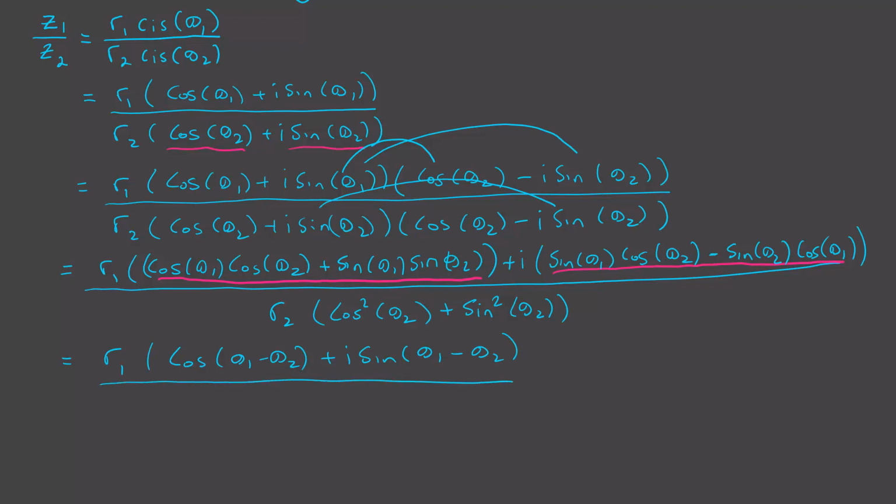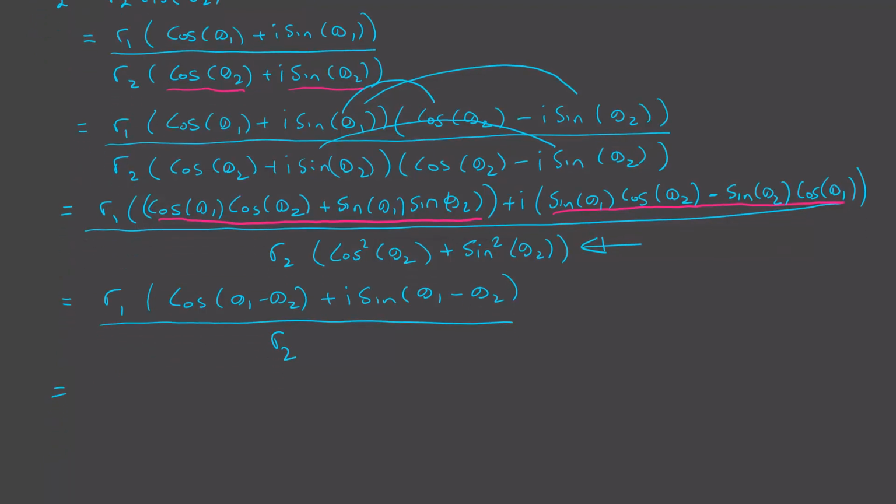Cos squared plus sine squared, of course, is just 1. We know that identity, and so the bottom just becomes R2. Now, looking again at the top, that's R1 cis theta 1 take away theta 2, cos plus i sine.